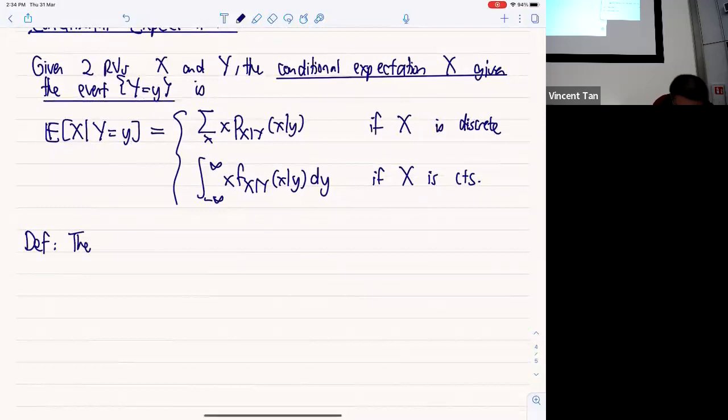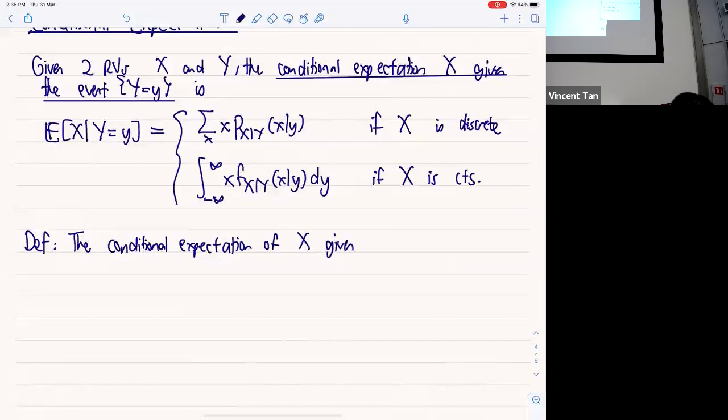The next thing I'm going to talk about is the conditional expectation of a particular random variable X given another random variable Y. Notice that the language is different. Here we are given an event.